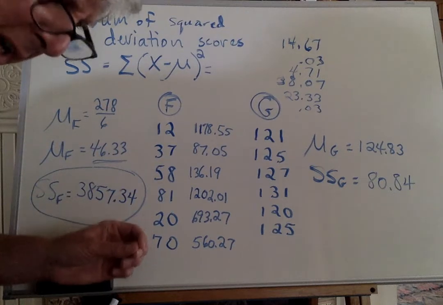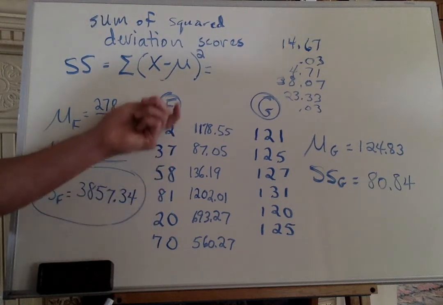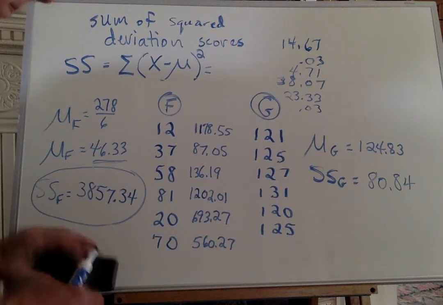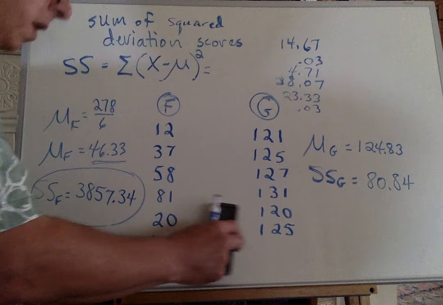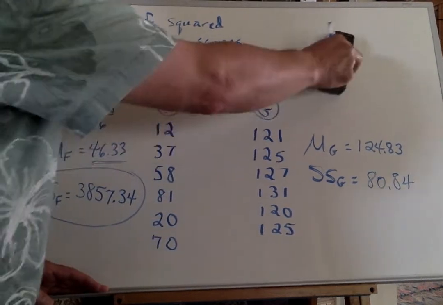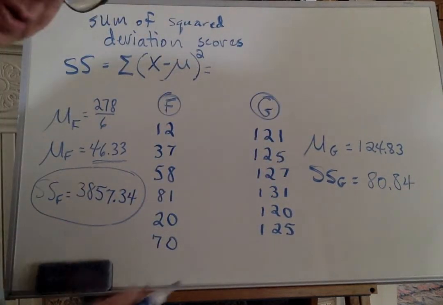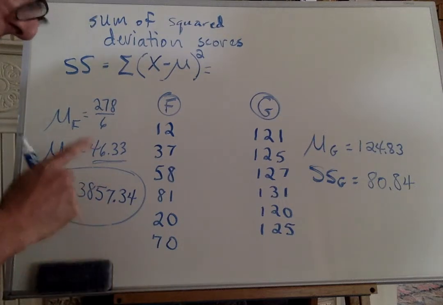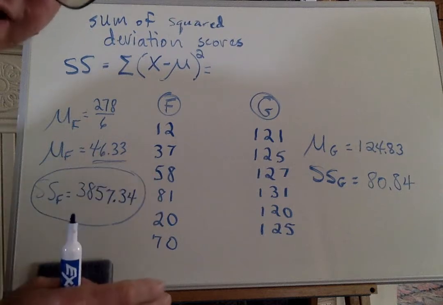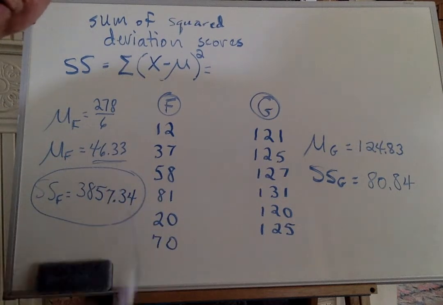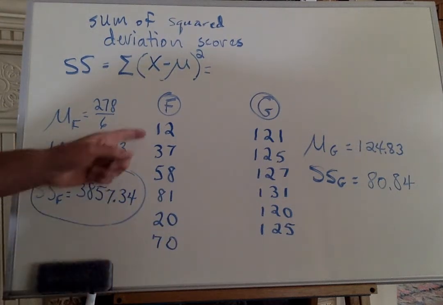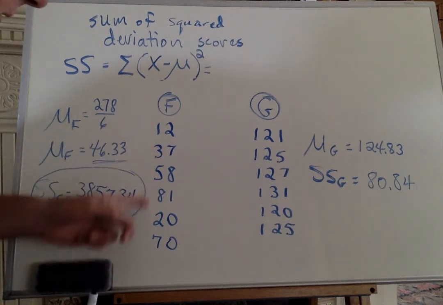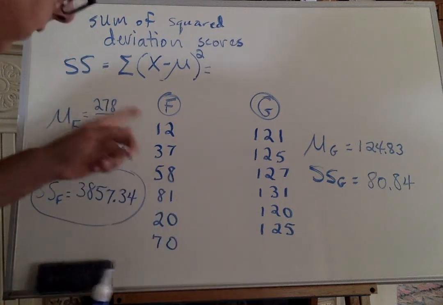The initial question I asked you was whether you thought group F or group G would have a larger sum of squares. And my presumption is that if you keep track of the concept, sum of squares is a measure of spread outness, sum of squares is a measure of variability, you would look at these numbers and say, wow, these are more variable, they're dispersed wider, right?